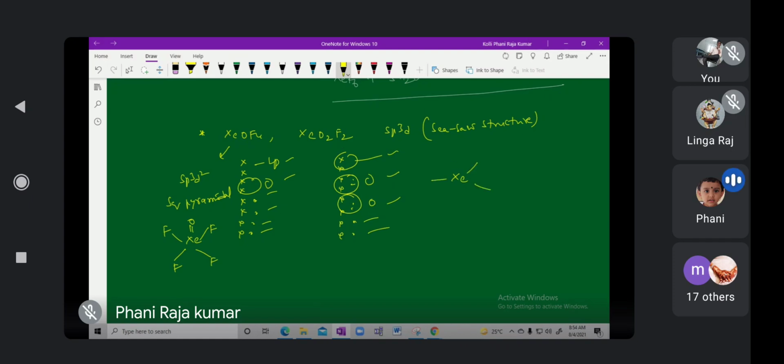According to Bent rule, more electronegative atoms in axial position. XeOF4 and XeO2F2 are intermediate compounds obtained during the stepwise hydrolysis of XeF6.